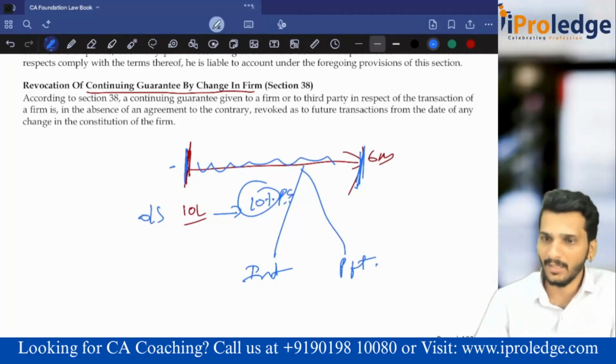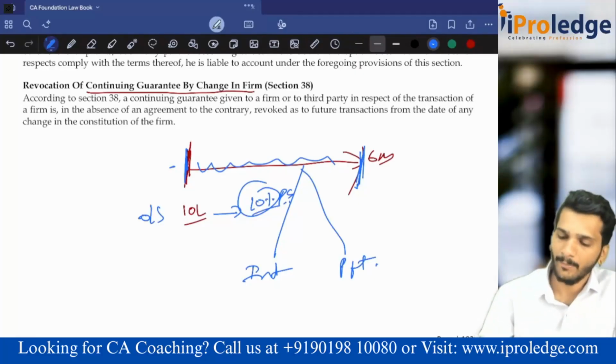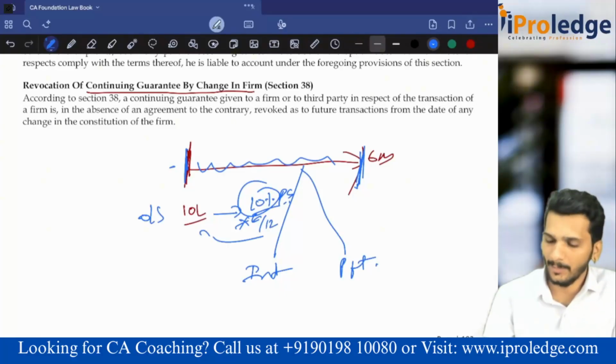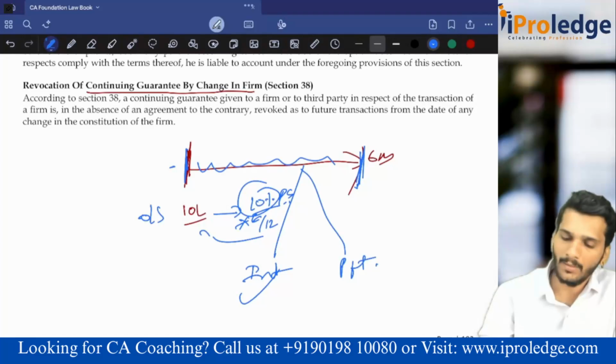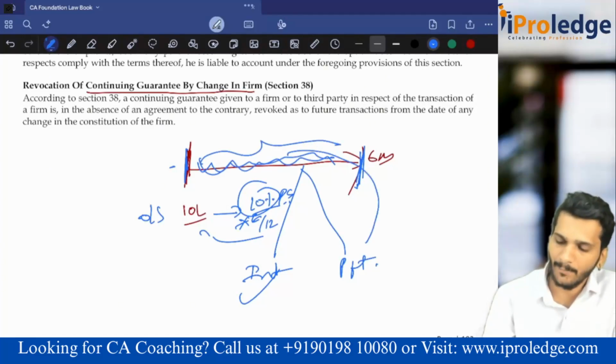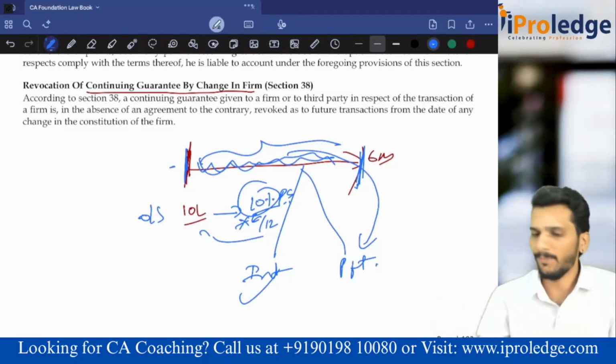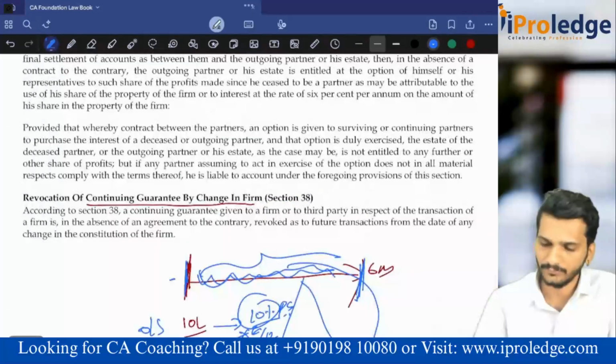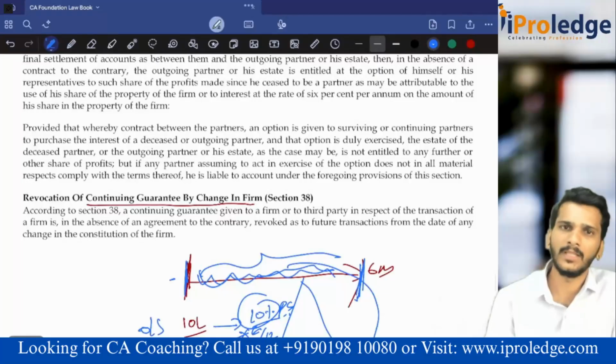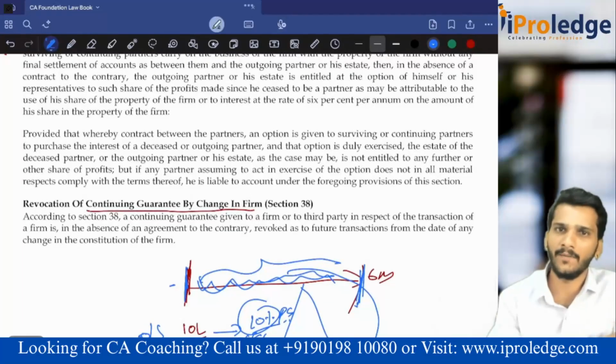Because it is 6 months, it is 10% into 6 by 12 into 10 lakh rupees. Or they pay subsequent profit: whatever profit is being made, and whatever my share is there, I'm yet to receive that share. Either the interest of 10% or share of profit, whichever. So if they have made a part payment, the remaining part is entitled to interest or the profit.